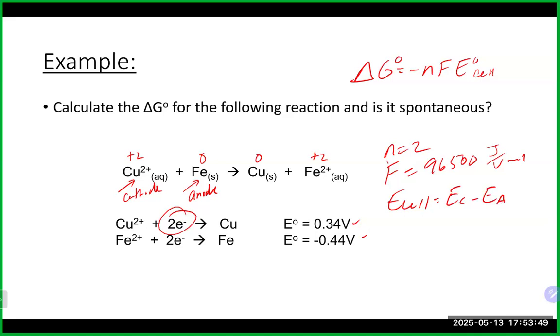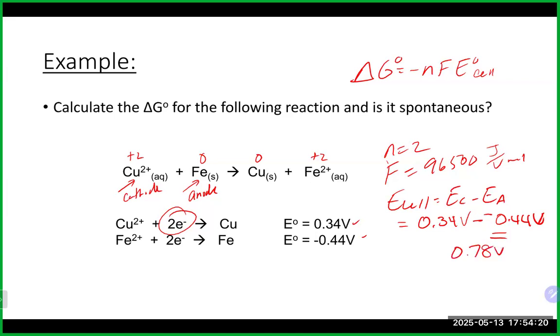Once again, I'm not going to change the sign, so I'm going to subtract the values. My cathode is 0.34 volts minus my anode, which is negative 0.44 volts. That gets me 0.34 plus 0.44, which is 0.78 volts in this particular case.